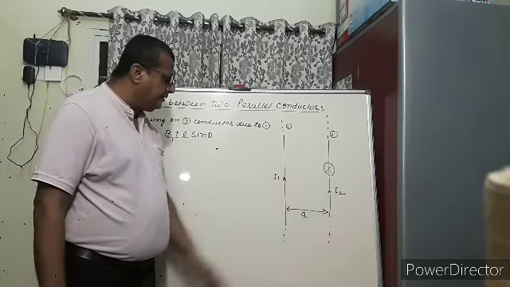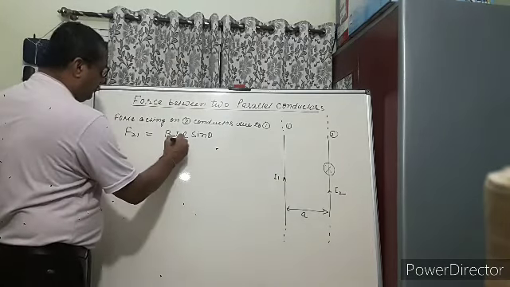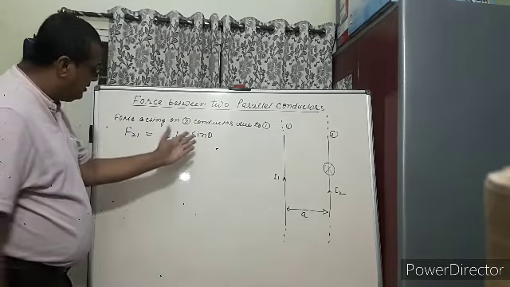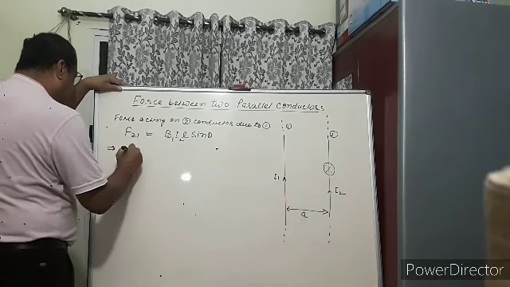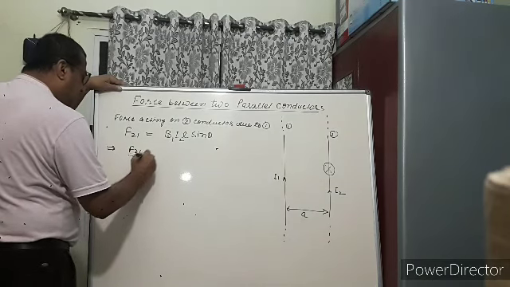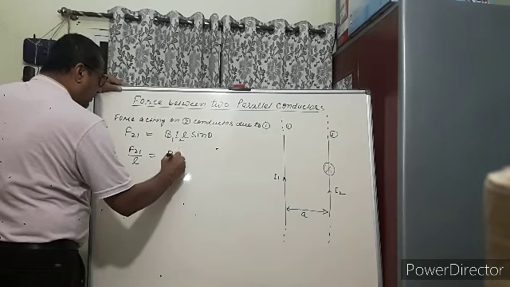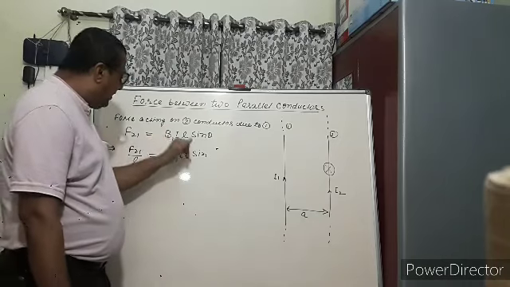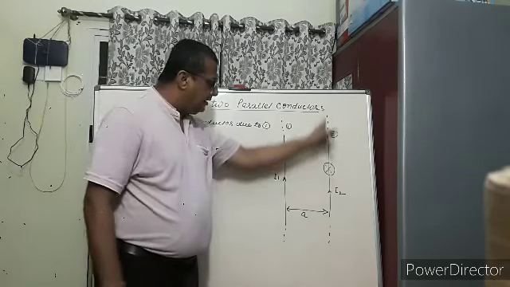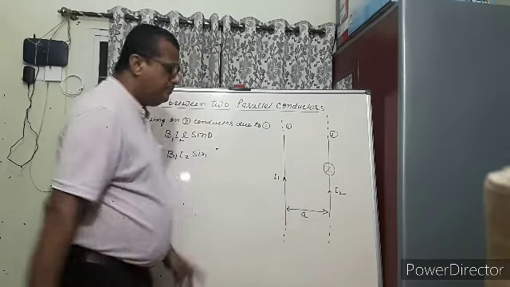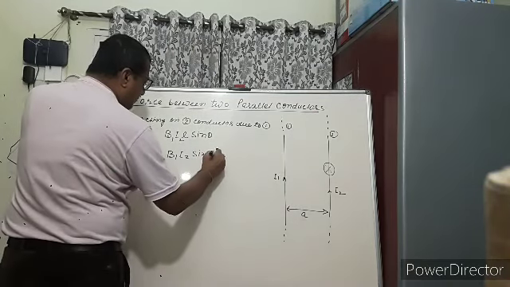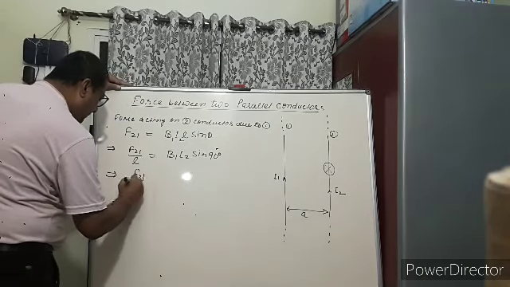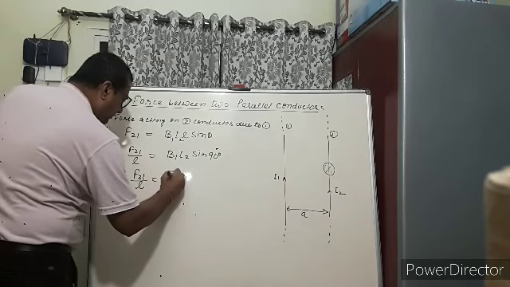Where is the magnetic field acting? On conductor 2, so this will be 2. Actually this wire is infinite, so we cannot take the length, so we can write F21 per unit length is equal to B1 I2 sin theta, where theta is the angle between L and B. This is L and B is inward, so the angle is 90 degrees. So this will be sin 90, which implies F21 divided by L equals B1 I2.